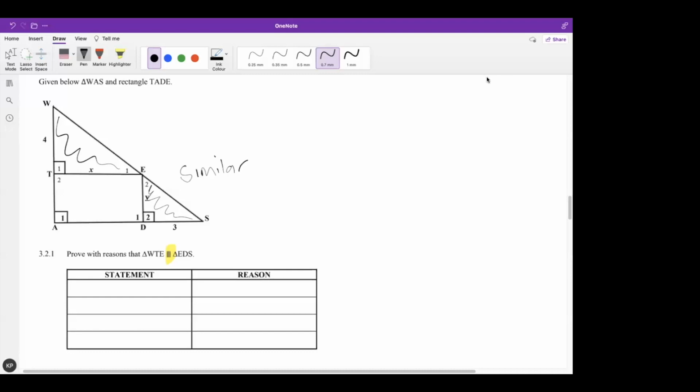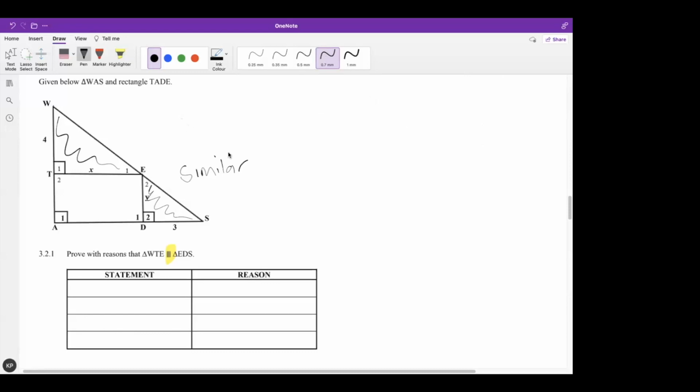Remember, similar is not congruent. Congruent triangles are exactly the same. But when you say something is similar, you don't mean they're exactly the same. You're saying they have similar properties, but they're not necessarily equal.